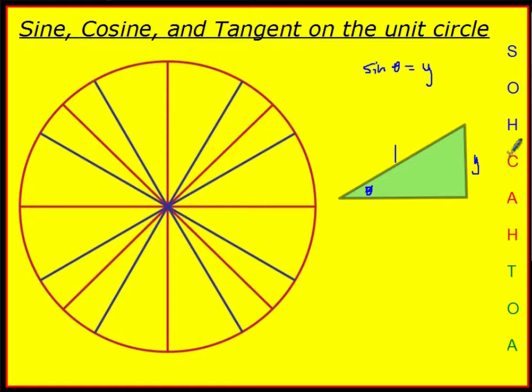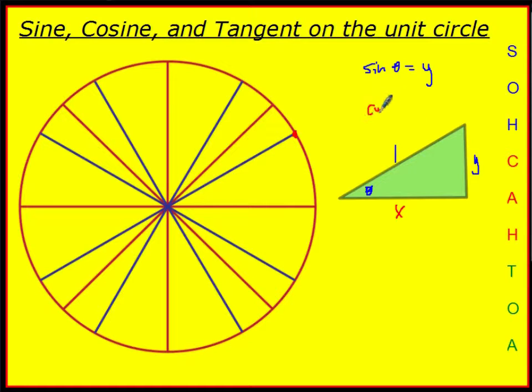If we move a little further, cosine is adjacent over hypotenuse. For this angle, the adjacent side comes from the x value of that point. So for theta, the adjacent side here is the x value, x divided by the hypotenuse, which is 1 still.